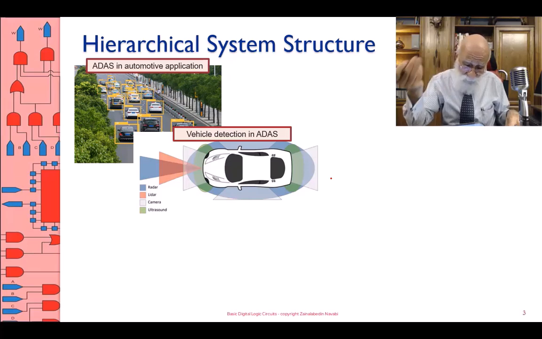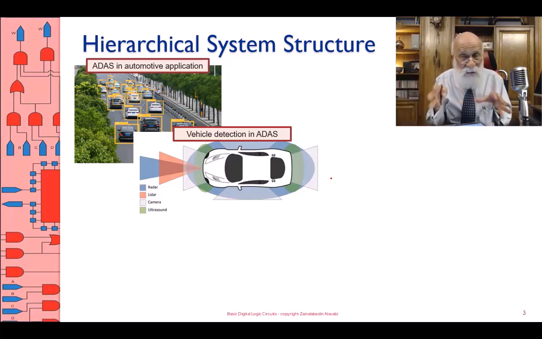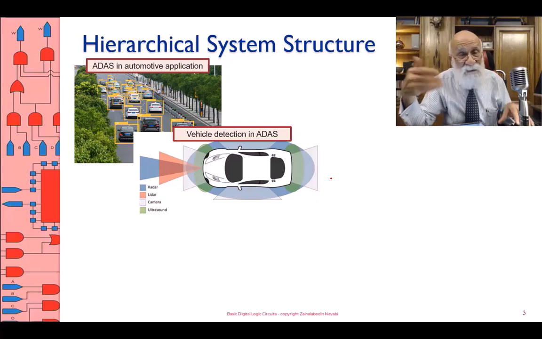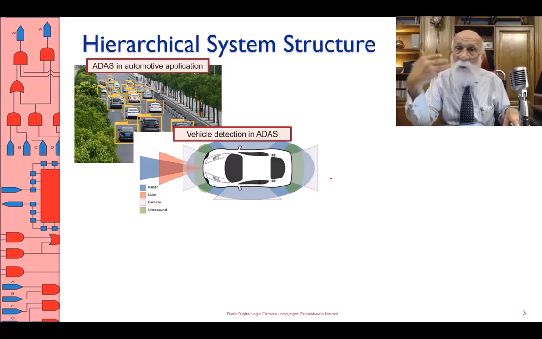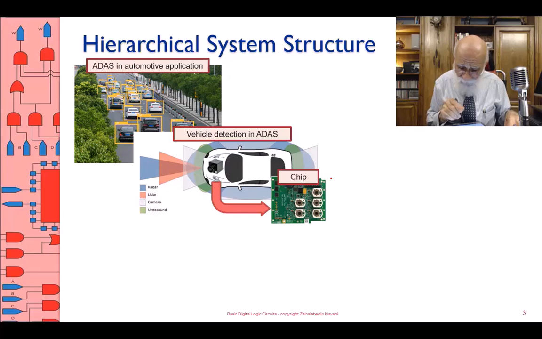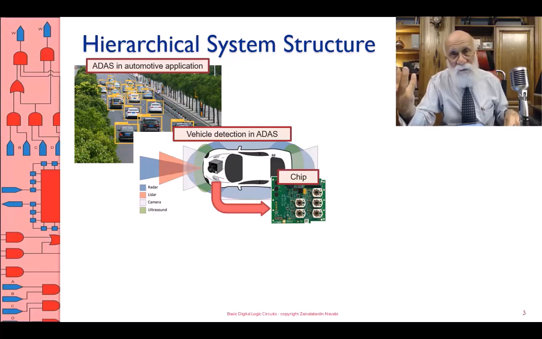And so what do we have? We have sensors like radars and cameras to take the image, which is always an analog picture. That picture has to be processed. Now we are getting into digital. That picture has to be processed pixel by pixel, and therefore that processing has to go into a digital component.